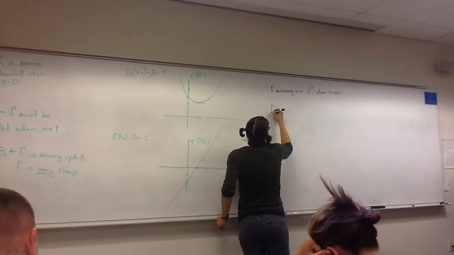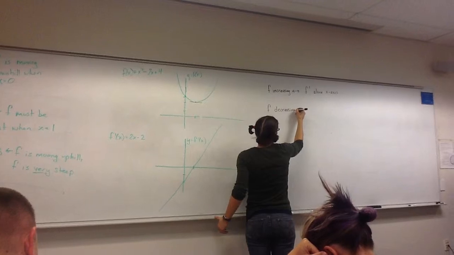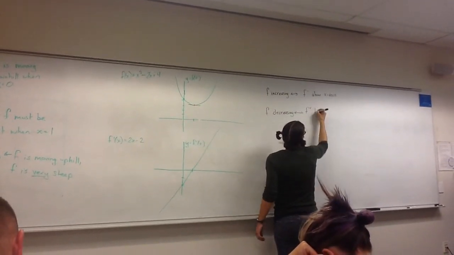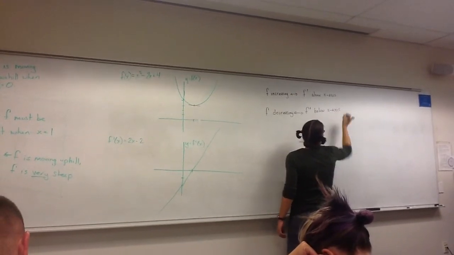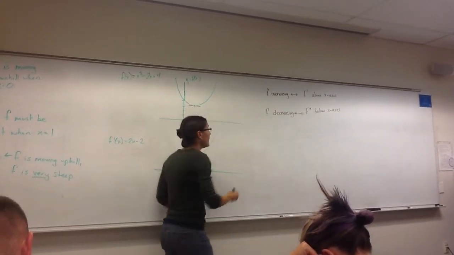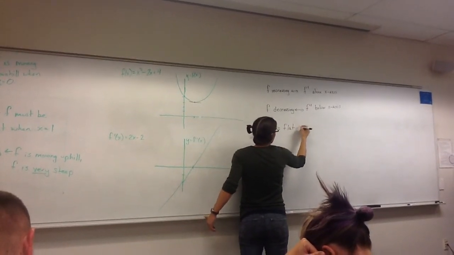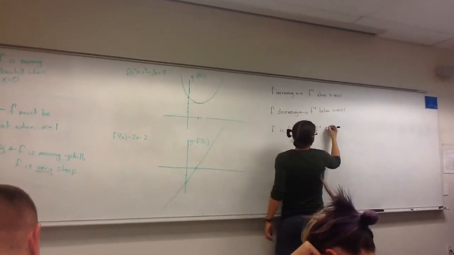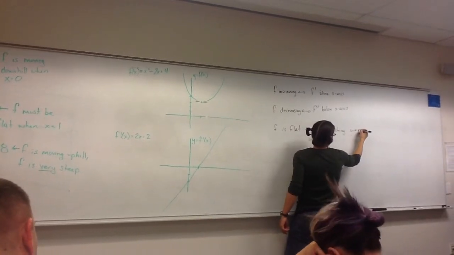When our original function f is decreasing, meaning moving downhill, our f prime function is below the x-axis. And when our original function f is flat, this corresponds to our derivative function touching the x-axis.